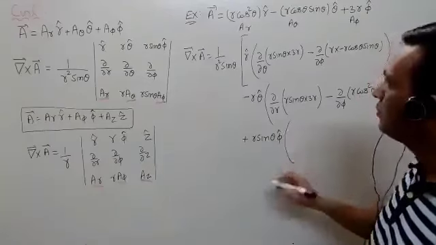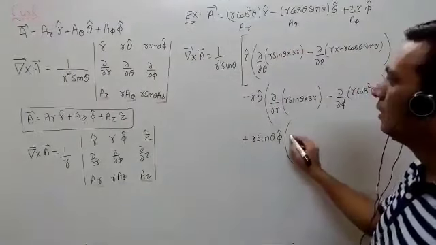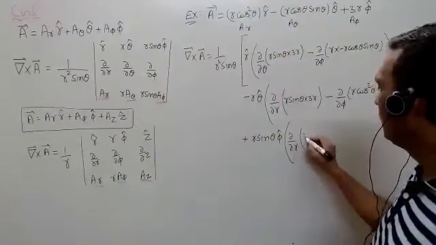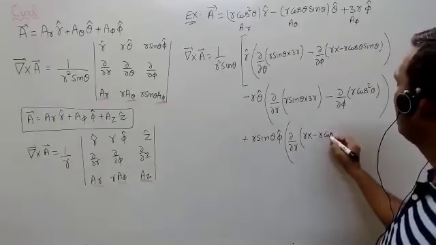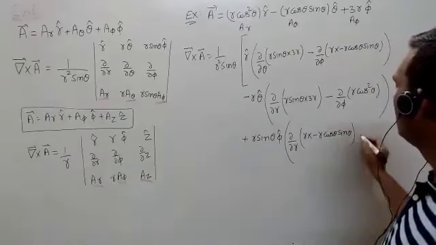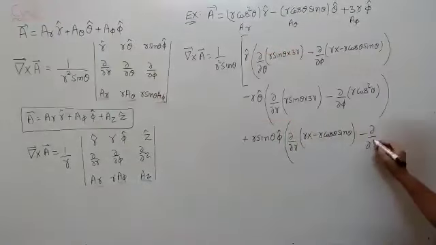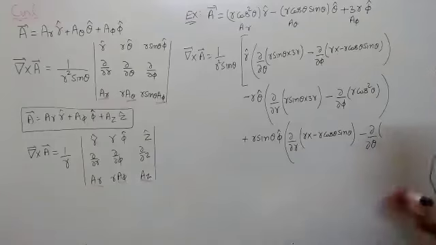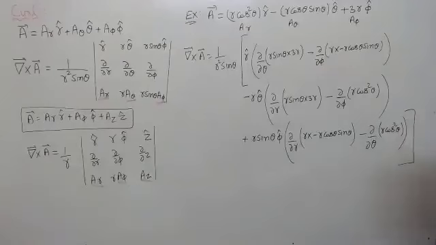So this will be del r into A theta. A theta is minus r cos theta sine theta. And then del theta into ar. So ar is r cos square theta. Close this. Now you have to differentiate it.